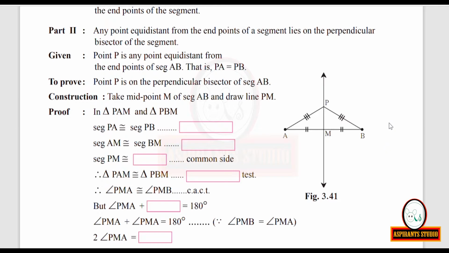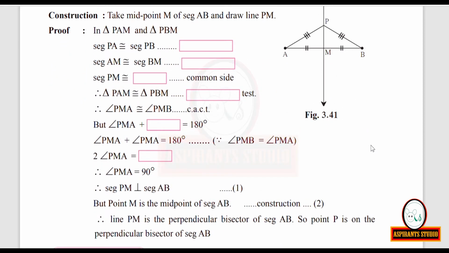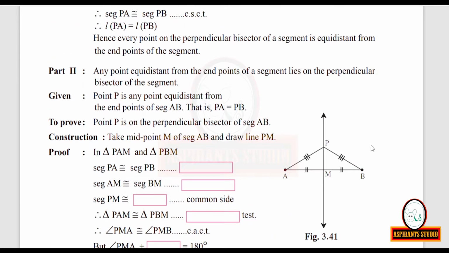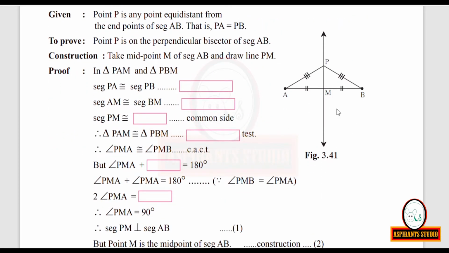Point P is any point equidistant from the end points of segment AB means you are given that PA is equal to PB. You have to prove point P is on the perpendicular bisector of segment AB. So you have to prove that segment PM is perpendicular to segment AB.